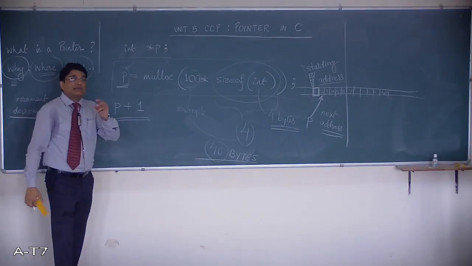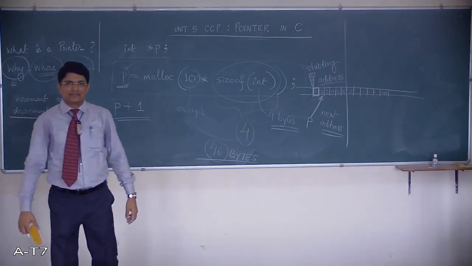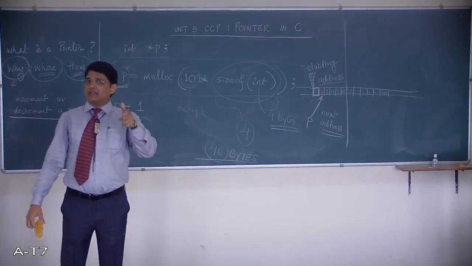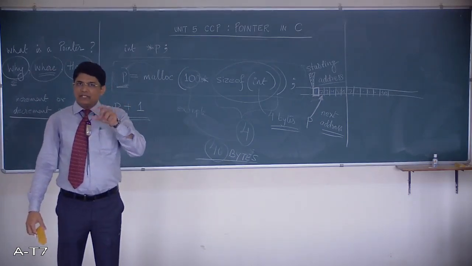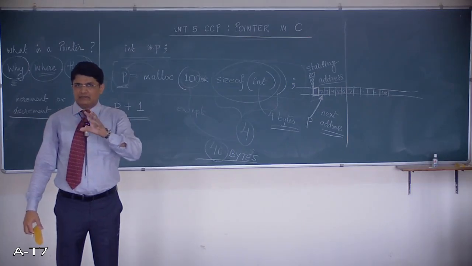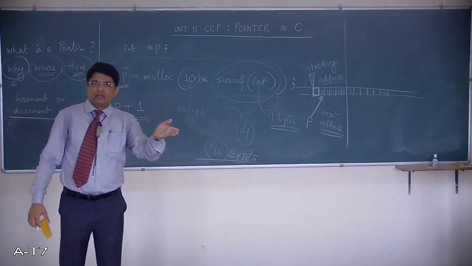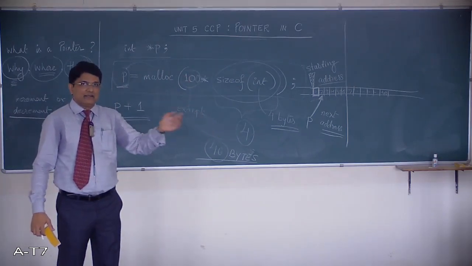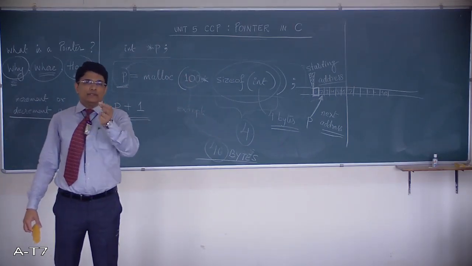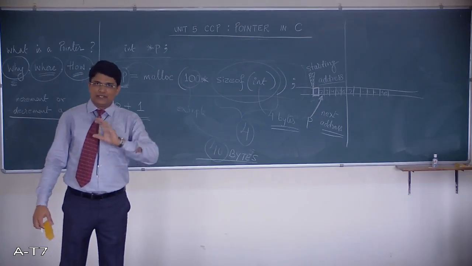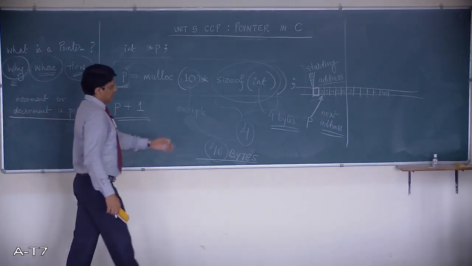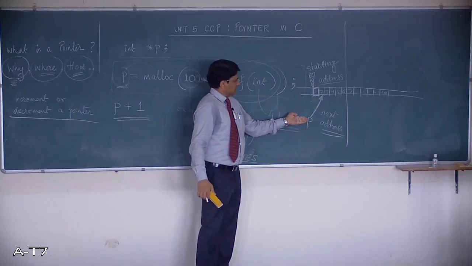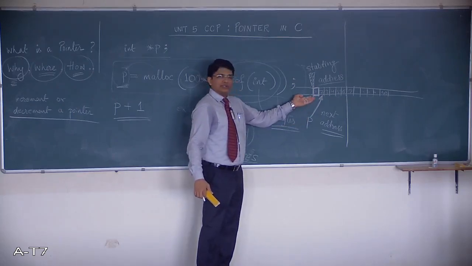So when we increment a pointer, it is not like physically adding 1 to a number. No. This is pointer arithmetic. P is a pointer variable having an address. P plus 1 means the next address, not adding mathematically 1 to whatever address is stored in P. It's not like that.